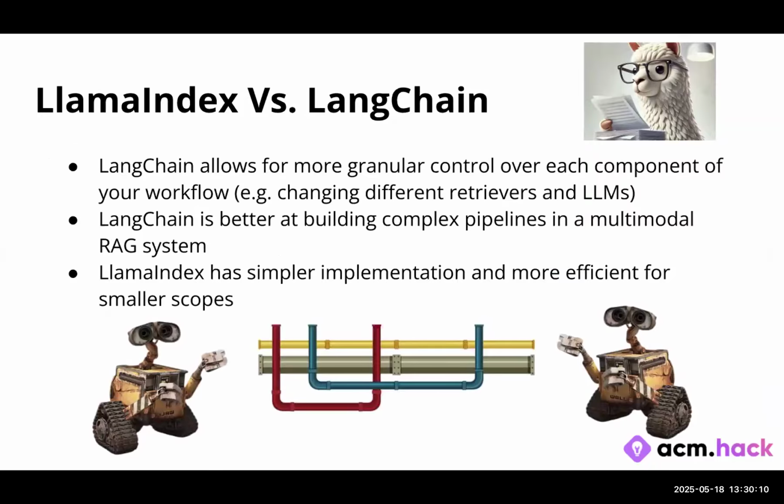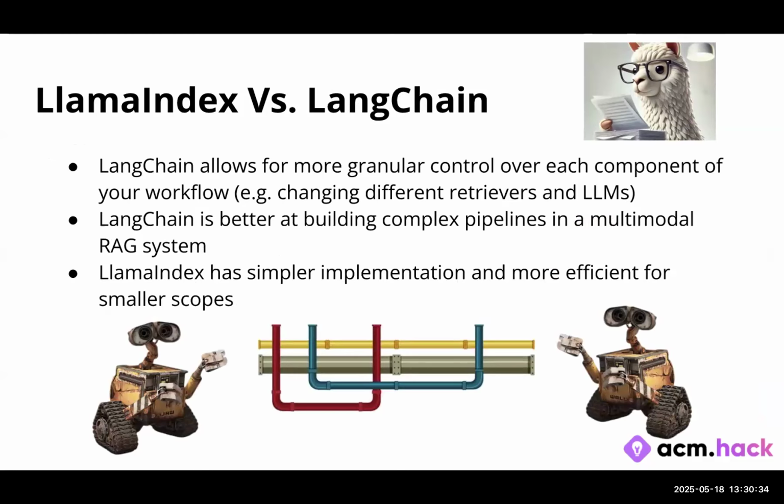What's the difference between LlamaIndex and LangChain? LangChain allows for more granular control over each component of your workflow. So like you can change your different retrievers, that's what takes it from the vector store, and LLMs like OpenAI or Google Gemini or BERT. LangChain is better at building complex pipelines into a multimodal RAG system.